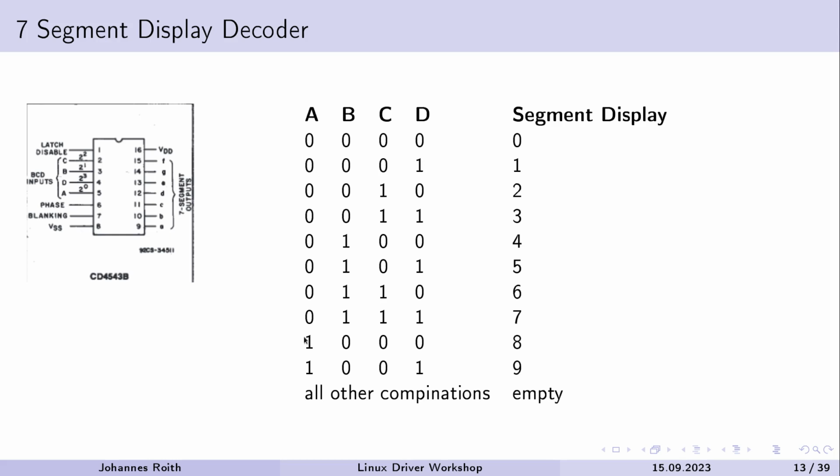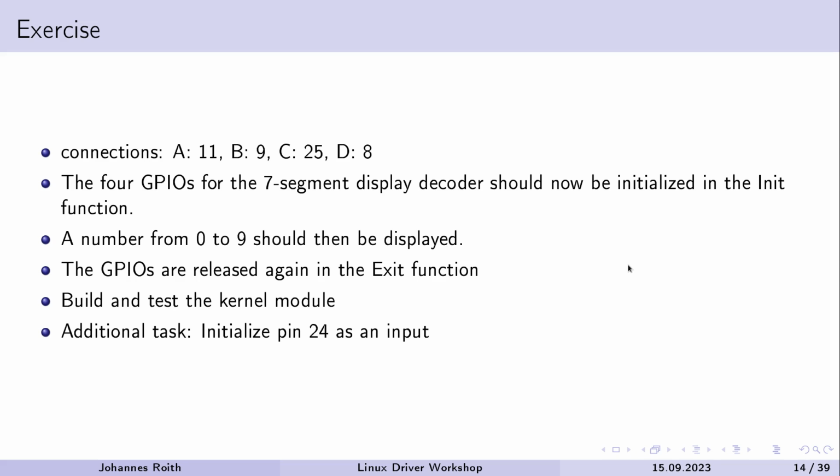So here we can see how to configure the pins and which numbers we will get. In case, for example, we're setting a 10 here, or any other combination higher than binary 9, the 7-segment display will be empty. Okay?